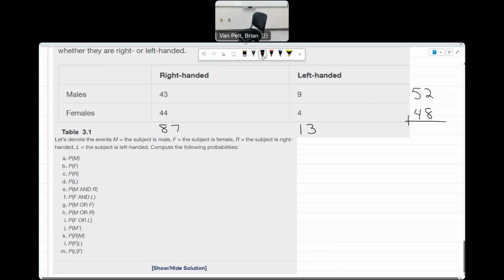And down here is always the grand total, which we know to be 100. So the probability of being male is 52 out of 100. These you can read directly from the table.